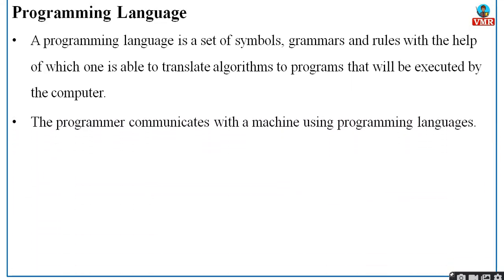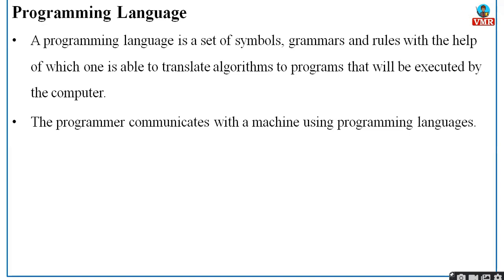So the programmer communicates with a machine using a programming language. If I wanted to communicate with my computer, definitely I need to know some programming language. If I'm trying to write a document, definitely I should know MS Word. If I wanted to create an Excel sheet, then obviously I have to know the Excel operations also.